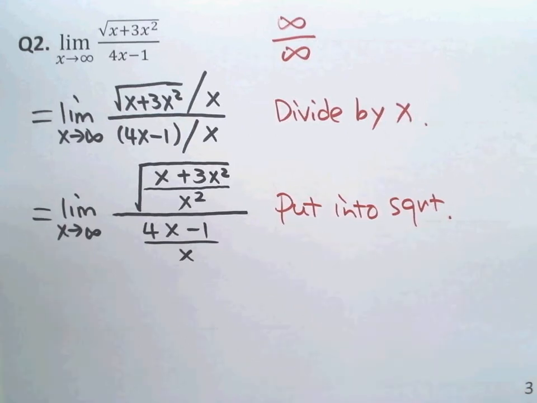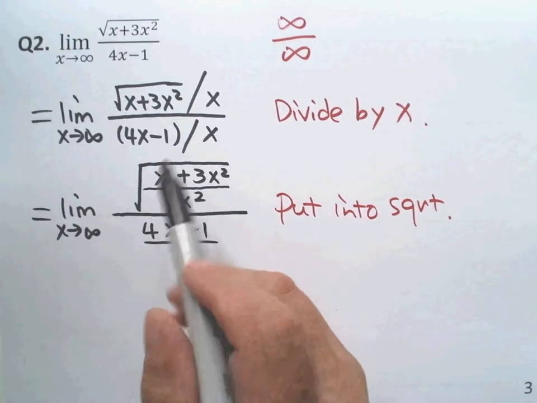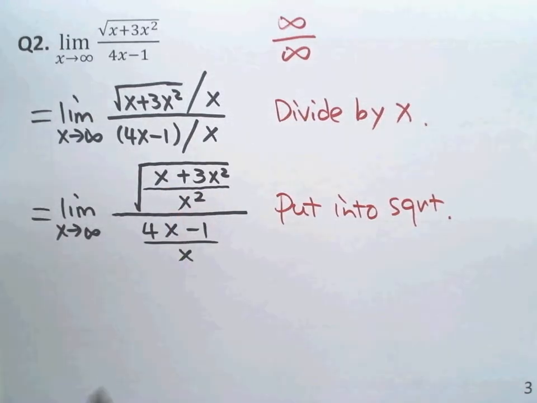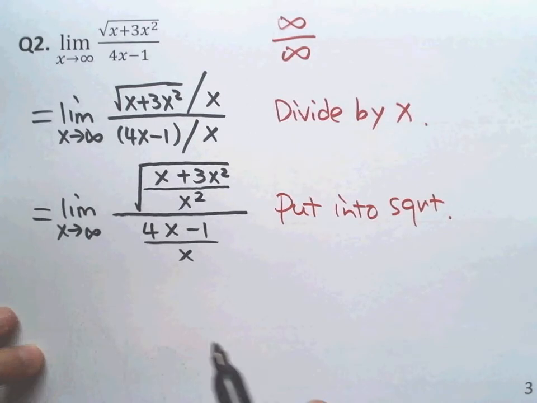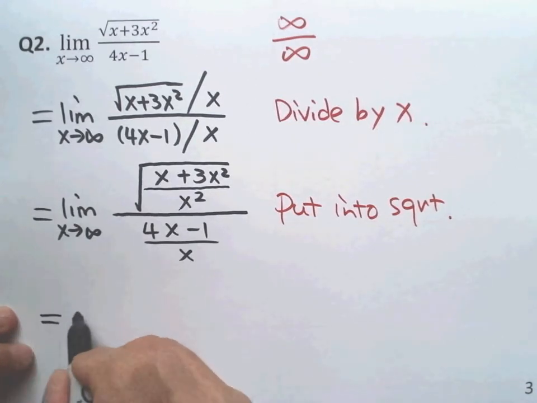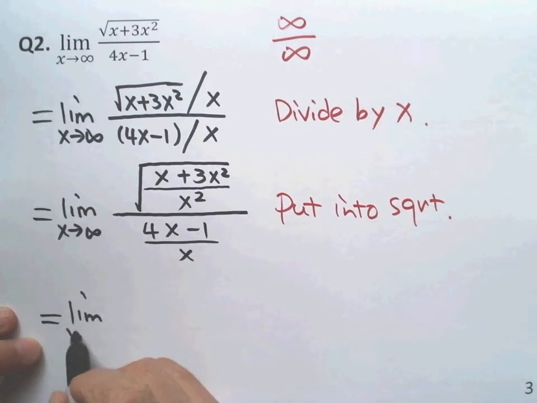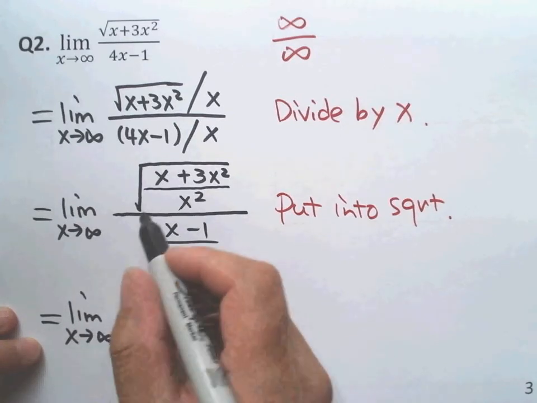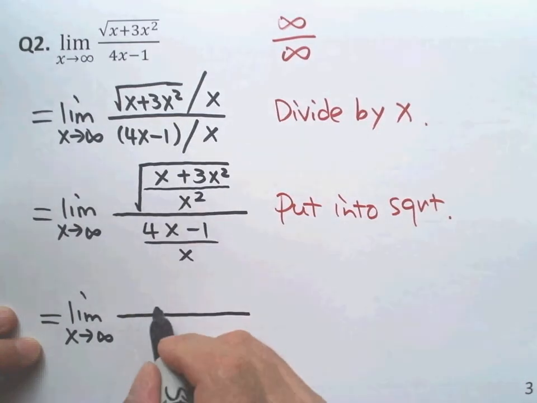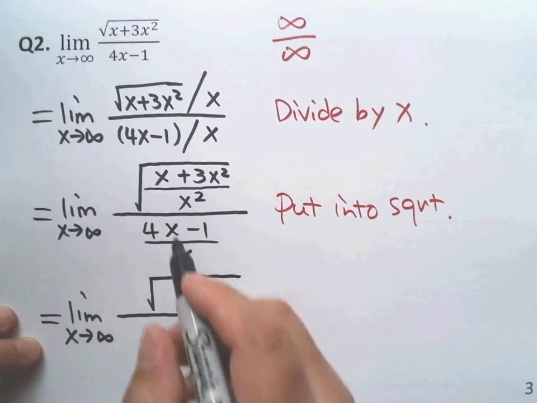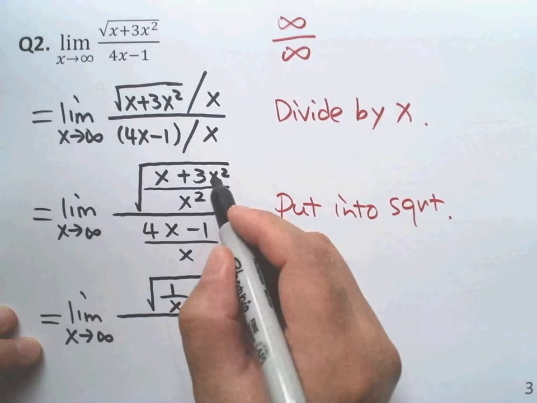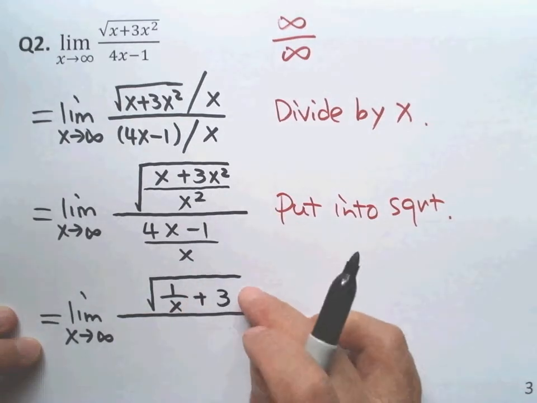And then we just expand. Expand the first. What do we get? I will get the limit as x approaches infinity of the square root. x over x squared is 1 over x, plus 3x squared over x squared is 3.